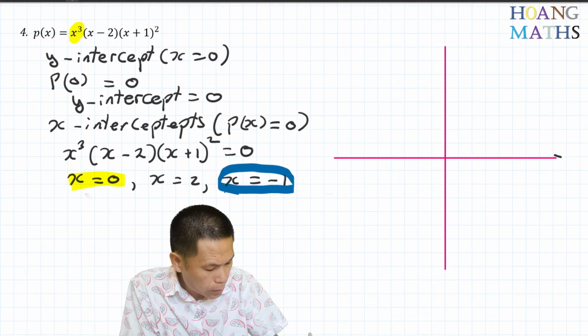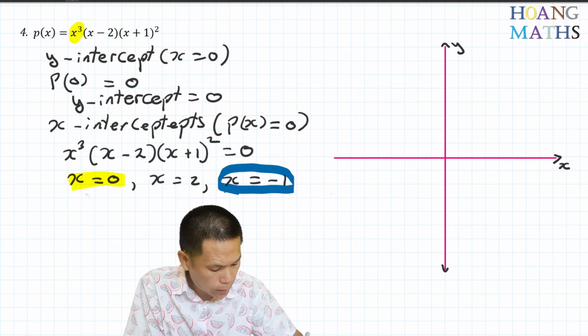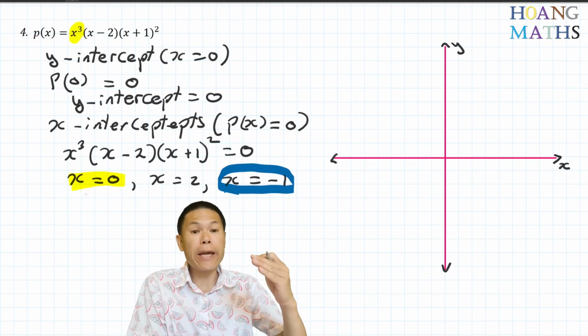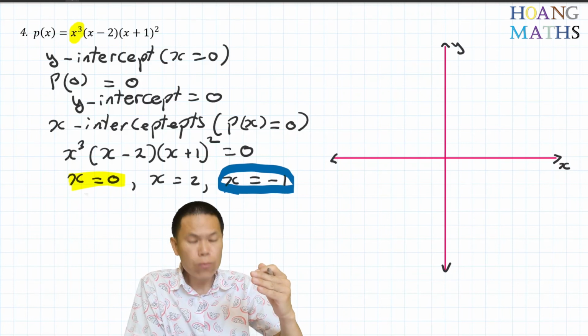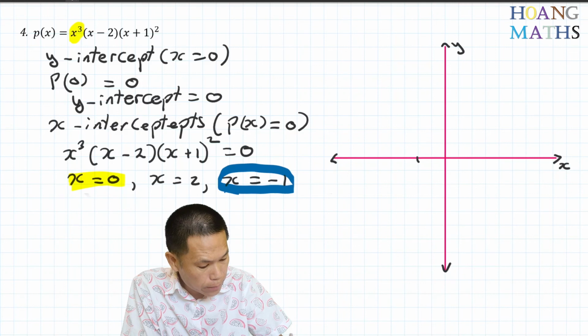So this is the x-axis and y-axis. So we have x-intercepts at 0, 2 and -1. So let me write -1 here, 0 and 2 here.